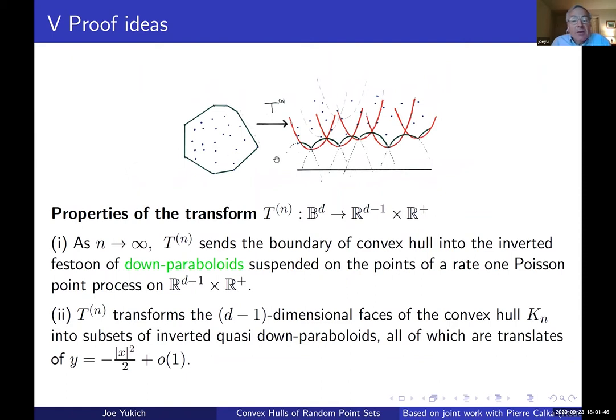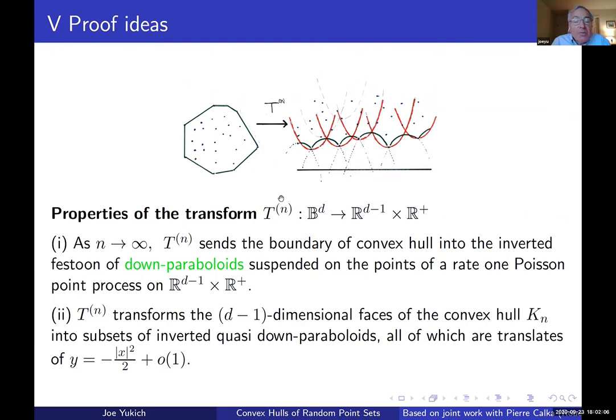So let's go back to the picture that we've already seen in the unit ball. We have this transform, which takes the convex hull of an IID sample in the unit ball and sends it into this picture on the right-hand side. It takes the boundary of the convex hull to this inverted festoon.